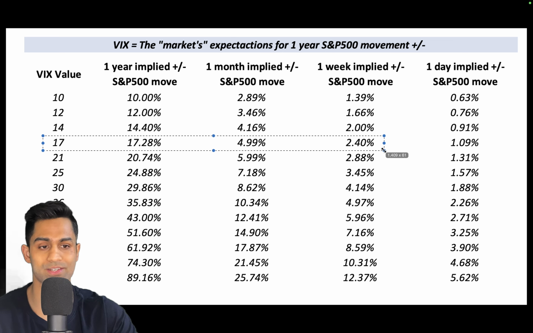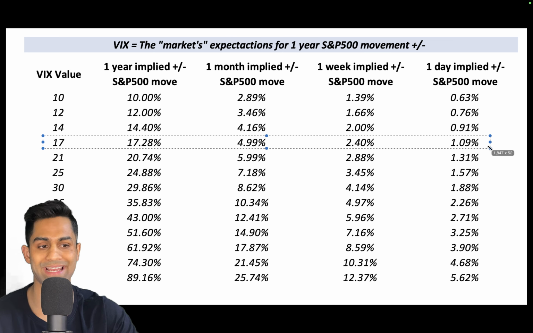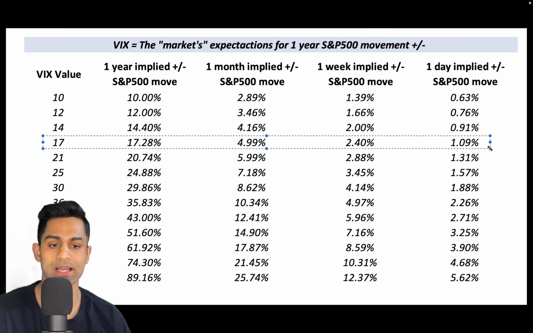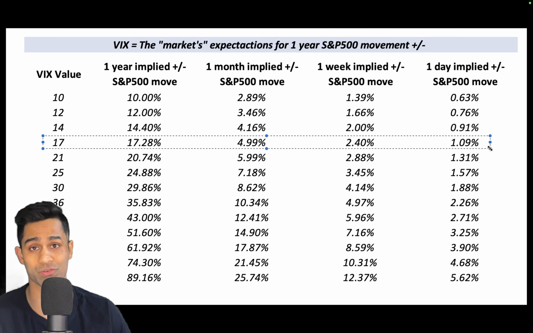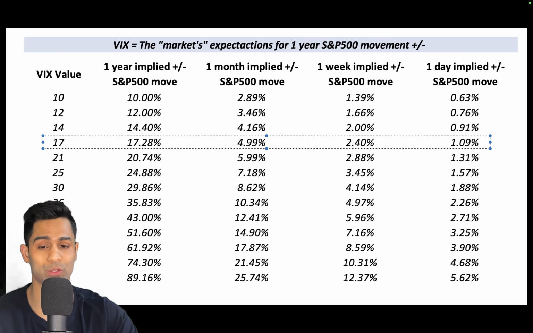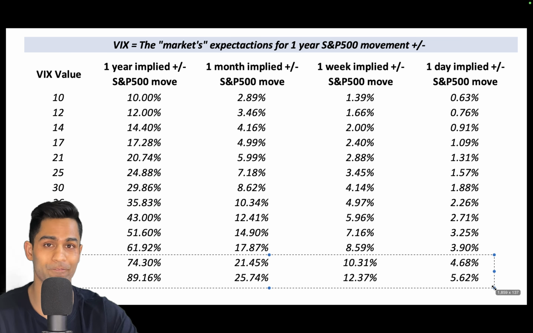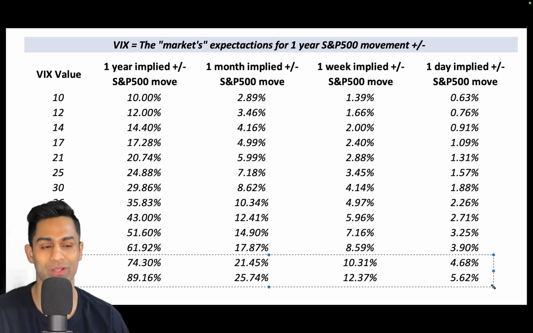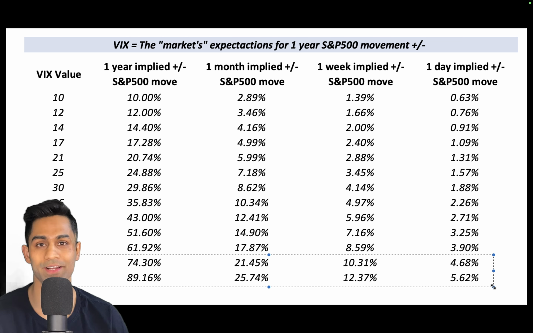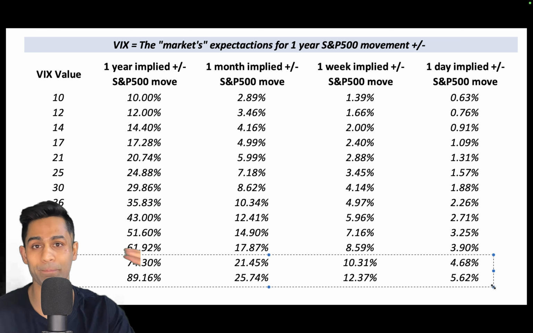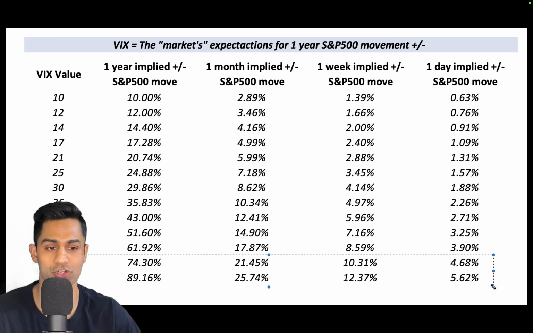Over the next 1 week it's 2.4%, and over 1 day it's plus or minus 1%. Of course, when the VIX is really, really high, we're looking at 74.89 volatility. Markets are really volatile at that point, and we're looking at a daily move of 4 to 5%. That's a very peak level for the VIX, and that's what happened during the March 2020 pandemic.